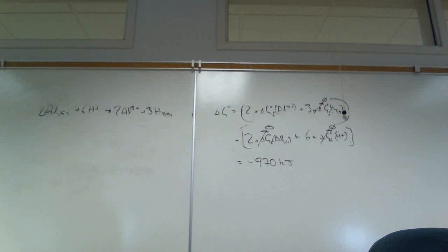This reaction should be highly spontaneous. It's easy to dissolve aluminum in acid. So let's say I don't want to dissolve the aluminum in acid. How could I prevent it from happening?